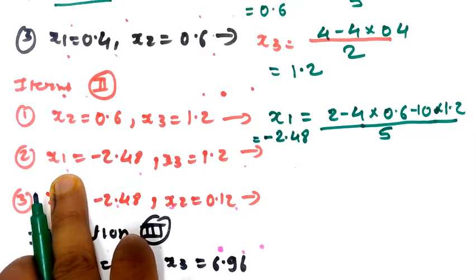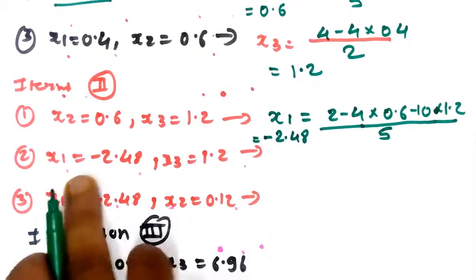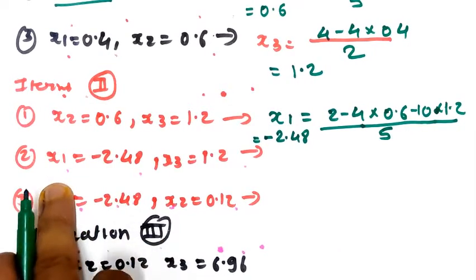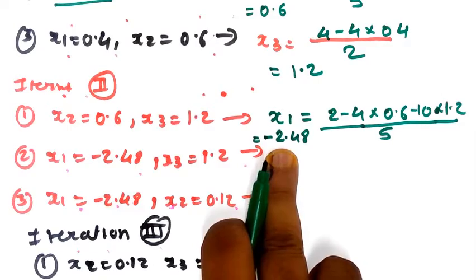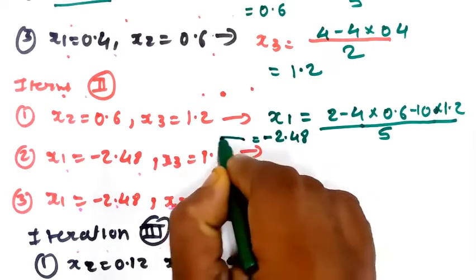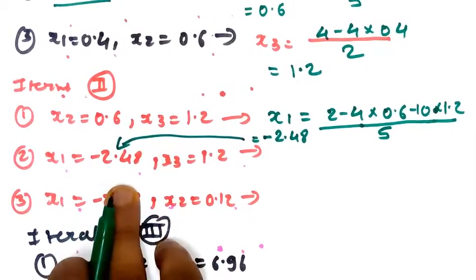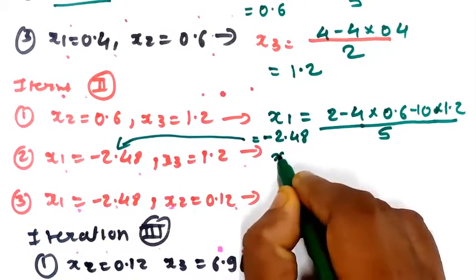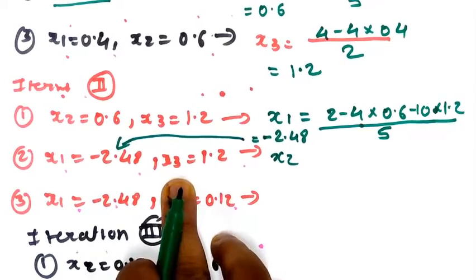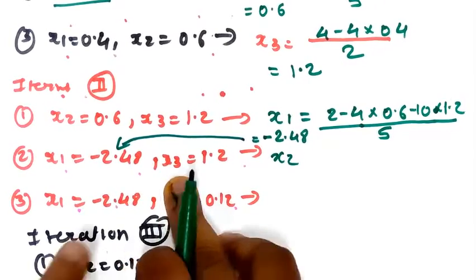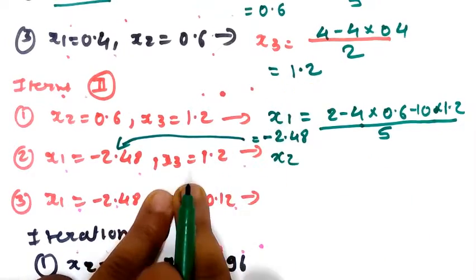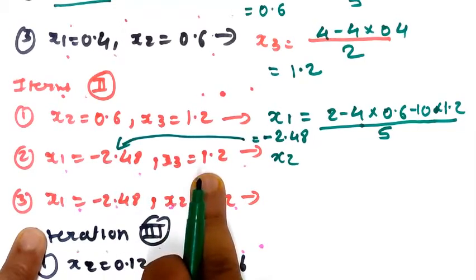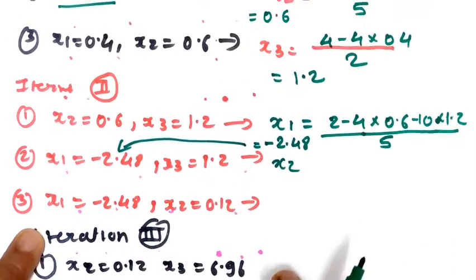Now, instead of the previous value, for finding the value of x2 you have to consider the new value of x1. So the new value of x1 is considered for finding x2, and we don't have the new x3 value, so the previous value, that is 1.2, you have to consider for x3 and find the value of x2.